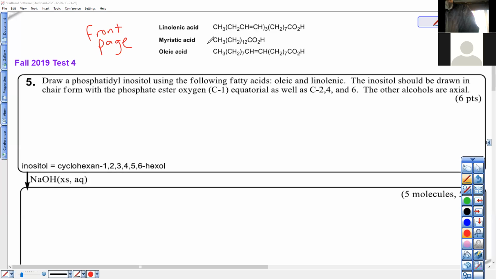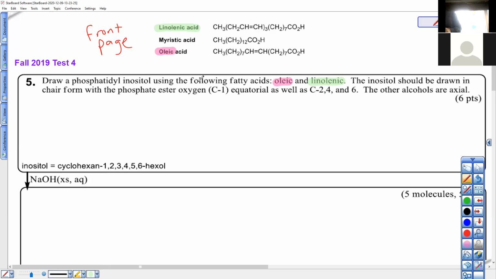I stole these fatty acids from the front of the exam because I saw two of them here, oleic acid and linolenic acid. Linolenic. Careful with spelling. There's three of them that start with lino. Linolenic acid.